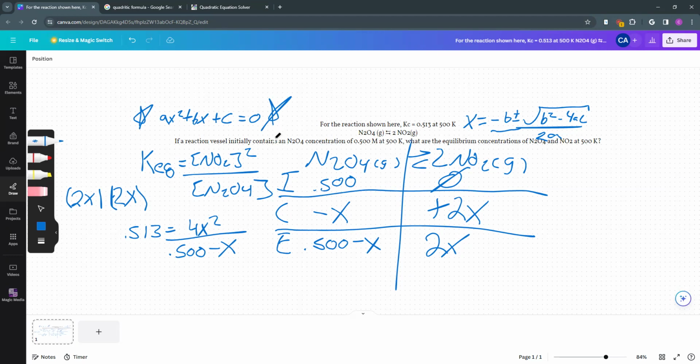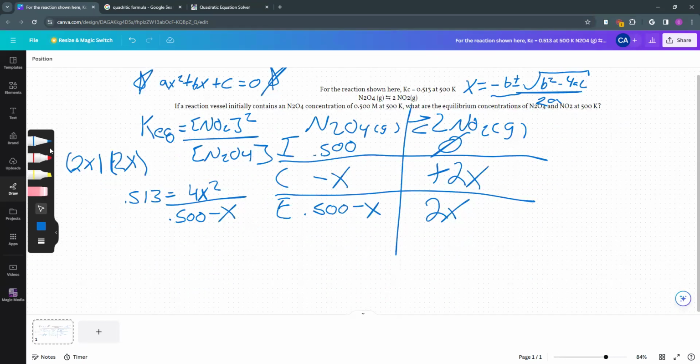Now, the way we can get around using the quadratic is looking for the x is small approximation, where we could get rid of this minus x term. However, our initial concentration and our equilibrium constant are about the same value, so that approximation is not valid. So I'm going to have to set this up to look like the quadratic. So let's do that.